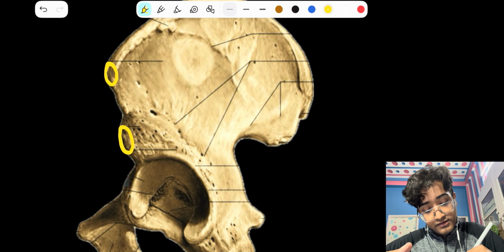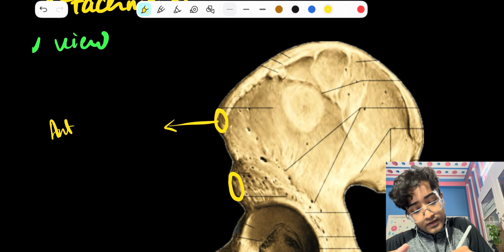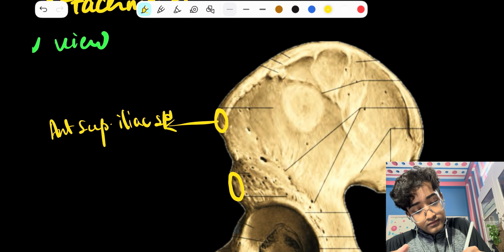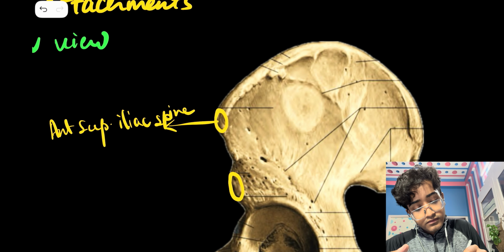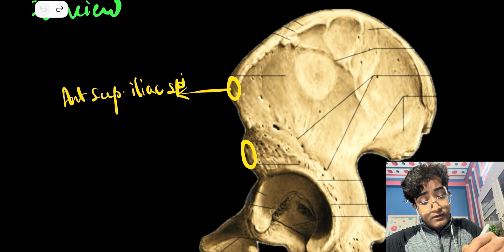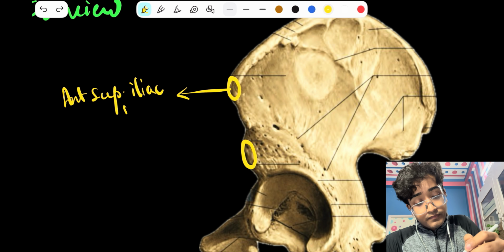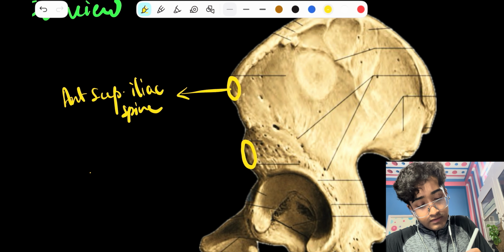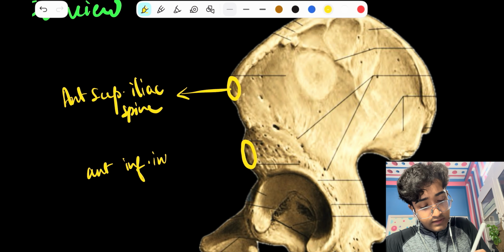Anteriorly, there are two spines known as the anterior superior iliac spine and the anterior inferior iliac spine.